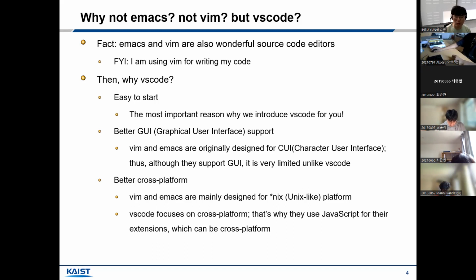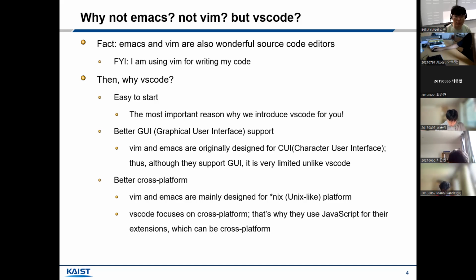But when they designed VS Code, they targeted this good GUI experience. So it has a better GUI, and I believe most of you are more familiar with GUI. So it is better to start with VS Code.